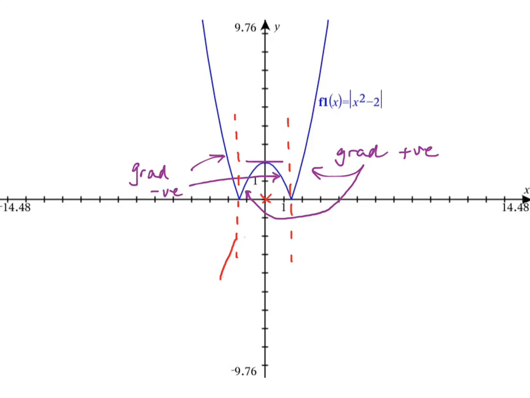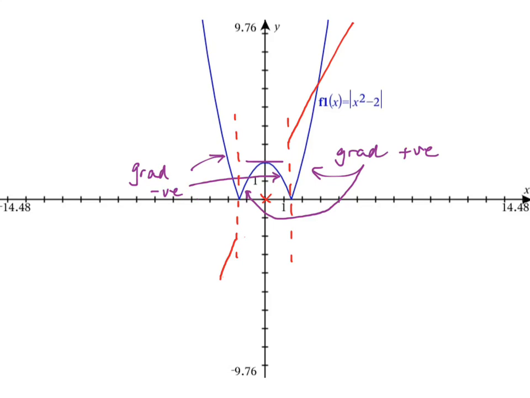That's the line that I had on the previous graph for the gradient function for that part of the curve. For the other side, where it's unmessed with, that's what I got before as well. But look, in the middle, to the immediate left of the y-axis, the gradient is now positive.